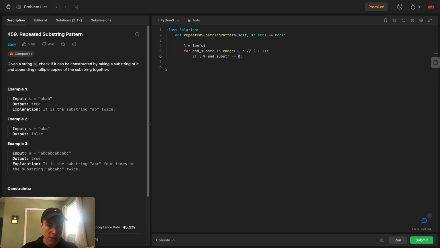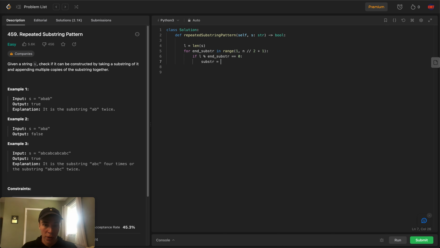That's critical because after this condition, I'm considering my substring to have to be able to make up the whole input string. And since I'm able to make up the whole input string, it means that it fits in there evenly.